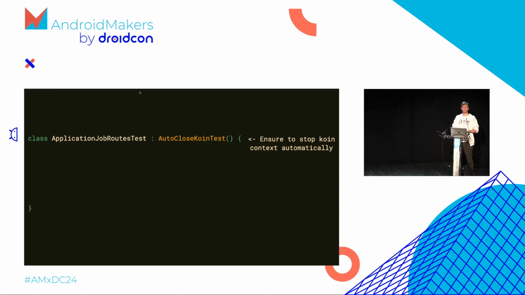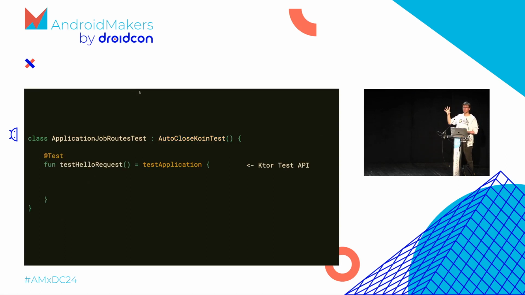If you want to test at really the top-bottom web level, then you should use autoclose Koin test. That is a class that allows you to stop and start your context. Why? Because finally, test application is an API from Ktor that will run your Ktor application and your Koin configuration.